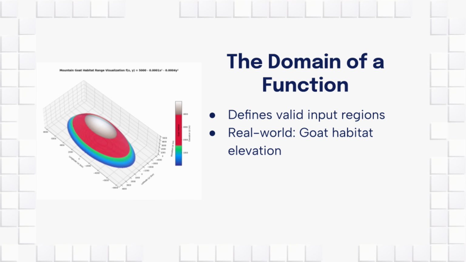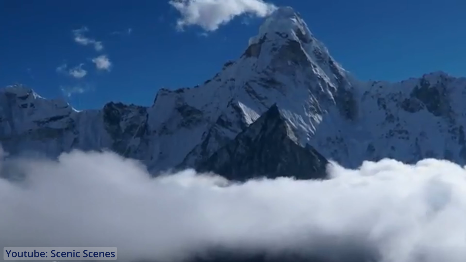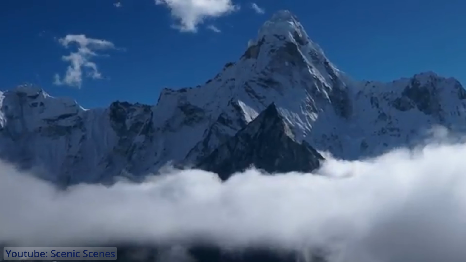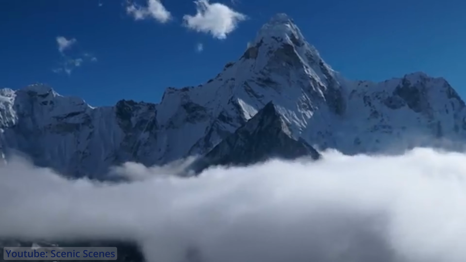The domain of a function defines the set of valid coordinates, which essentially outlines the region where the function is applicable. In practice, visually, it acts as a fencing or a boundary where the function is in play. For example, imagine a wildlife researcher studying mountain goats is given a 3D elevation model of a mountain that the goats inhabit.